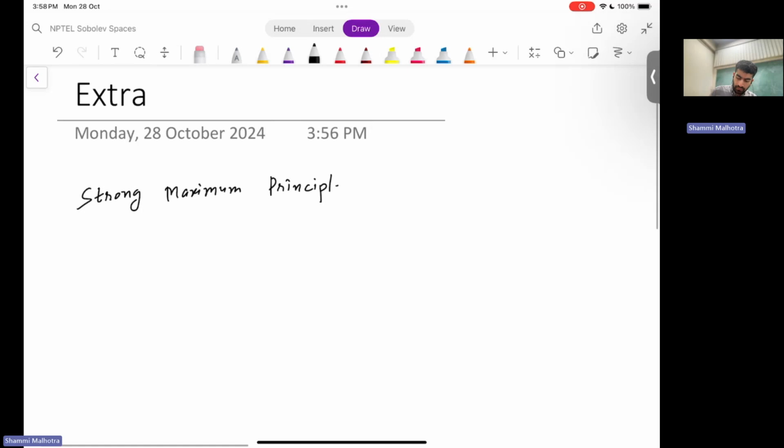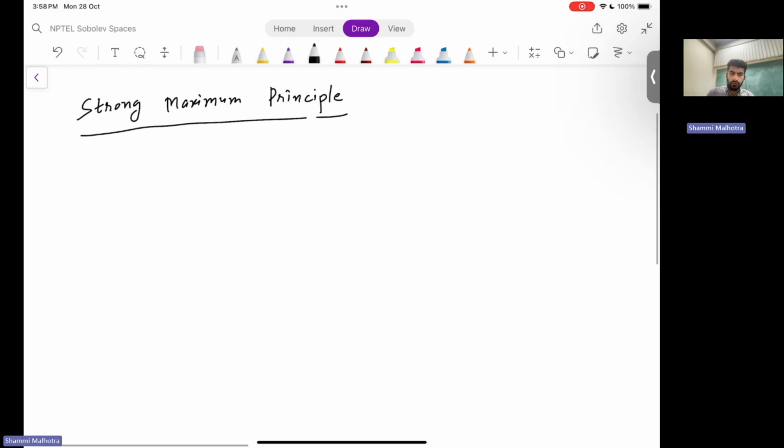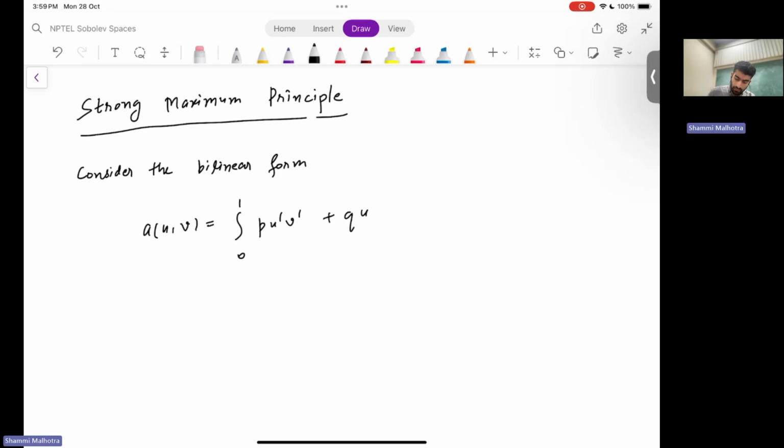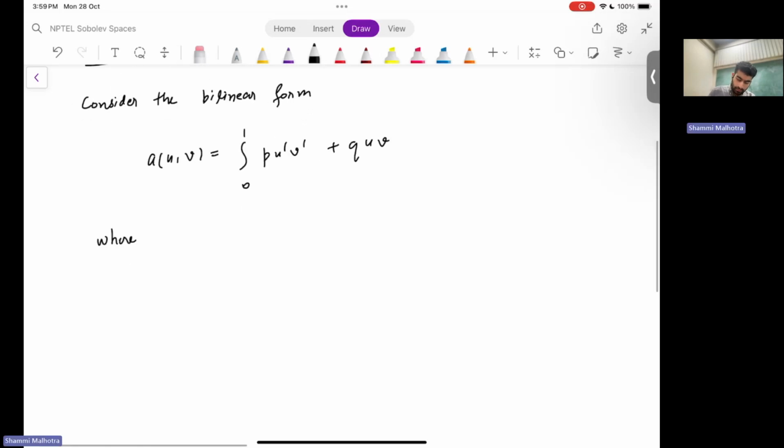So we will have some parts. We prove this whole principle in bits and pieces. For that, we will consider the bilinear form a(u,v) equals the integral from 0 to 1 of p u' v' plus q u v, where p belongs to C^1[0,1], and p is greater than or equal to alpha, positive, on [0,1].